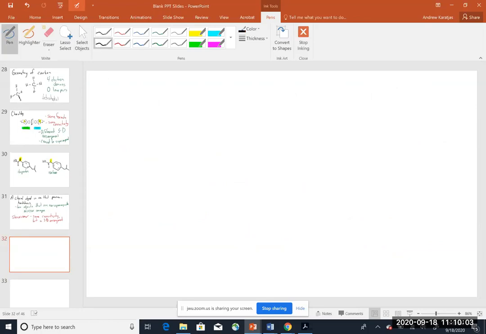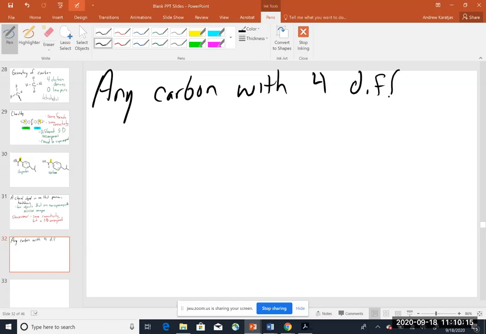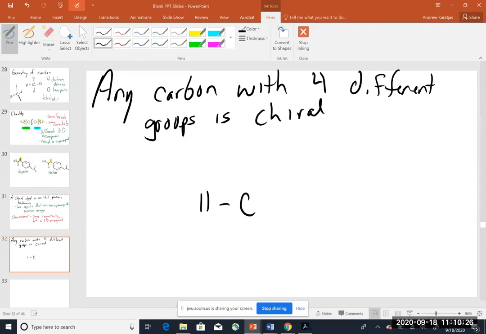Well, we can identify it in the following way. Any carbon with 4 different groups attached is chiral. So this carbon would be chiral because it has 4 different groups attached to it.